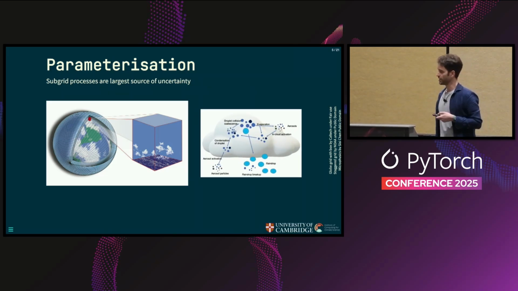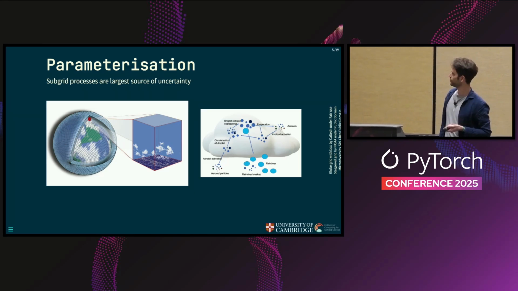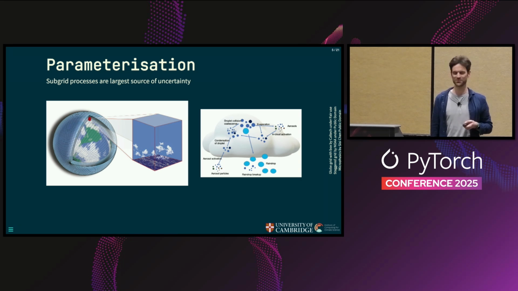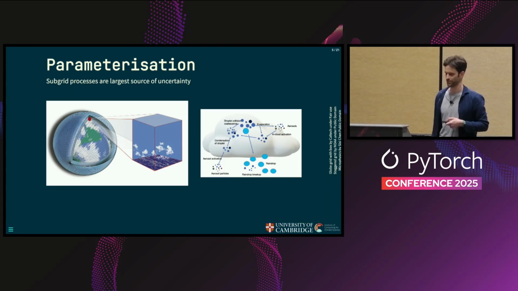The problem is that these are a really large source of uncertainty. For instance, this is just rainfall. We can't obviously model all the droplets in the atmosphere. We have to rely on these other models, which could be empirical, they could be numerical, they could be from data.